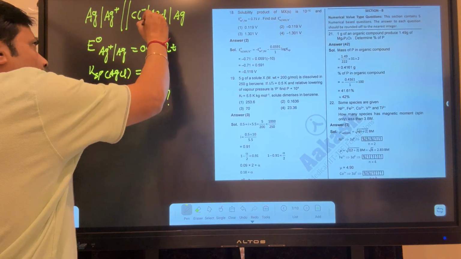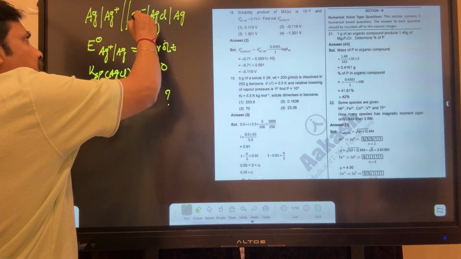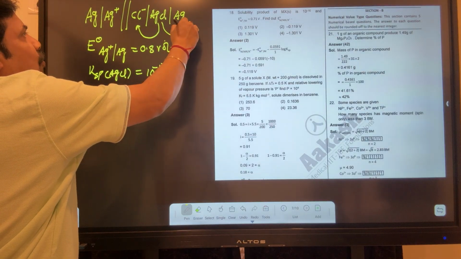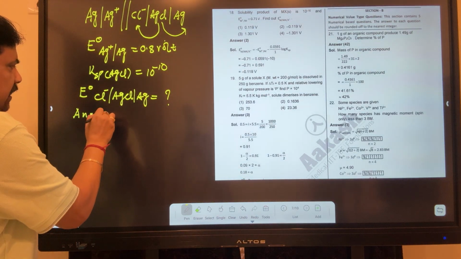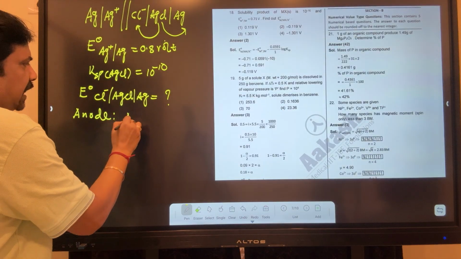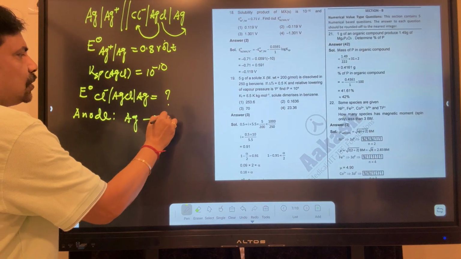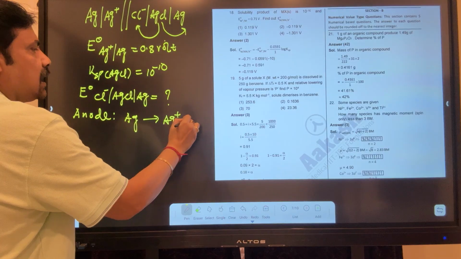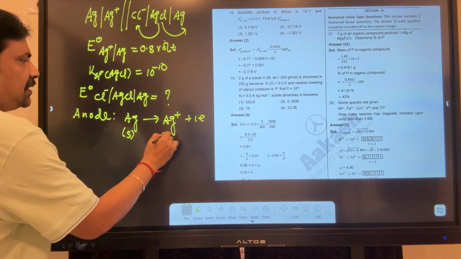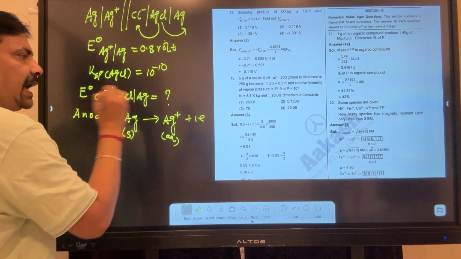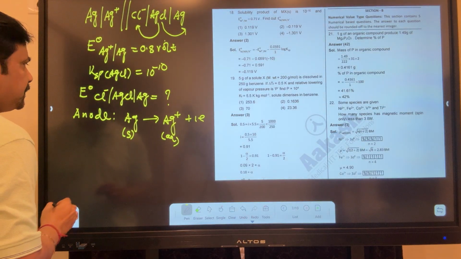For the cathode, the reaction goes from the middle toward this side. At the anode, what reaction is happening? Oxidation. So Ag will be converted to Ag plus by loss of an electron. This is your anode reaction: Ag is solid and Ag plus is aqueous, with the silver ion concentration at the anode.